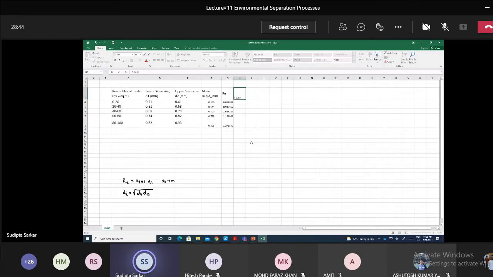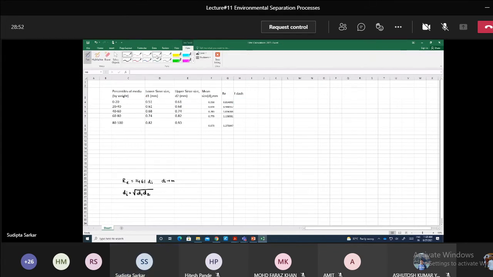Now we know f dash equals 1 minus e by RE into 150 plus 1.75, right?